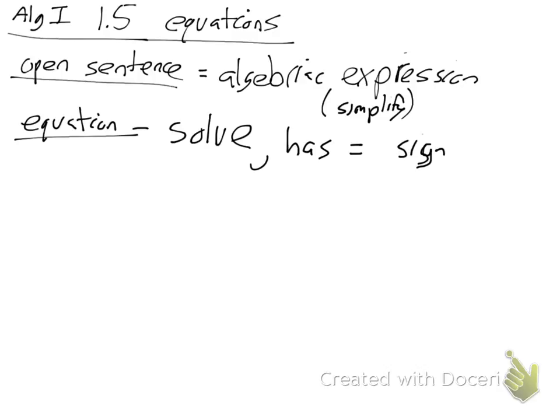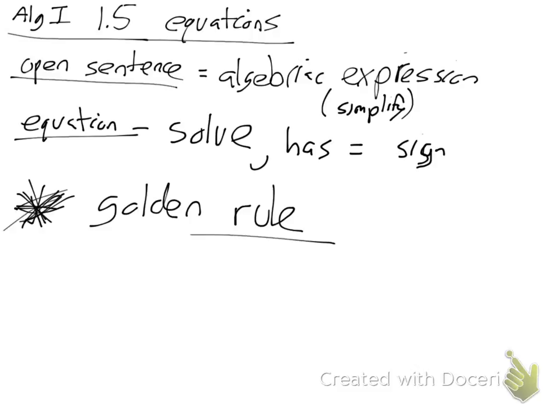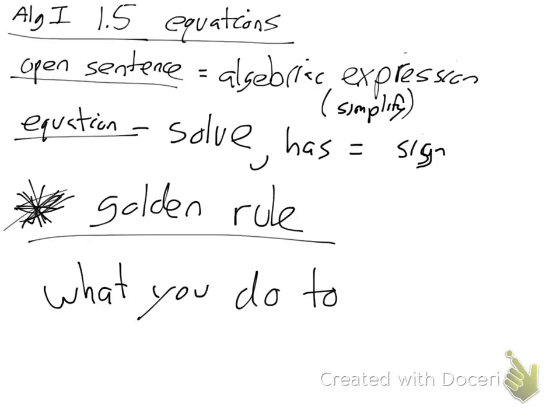I'm going to put on here something that you need to know. So I'm going to put a big star there, okay? I'm going to call this the golden rule, the golden rule of equations. And we're all going to say it.